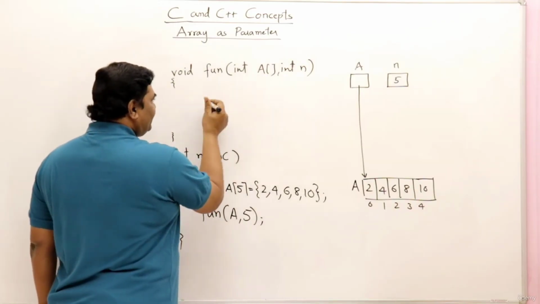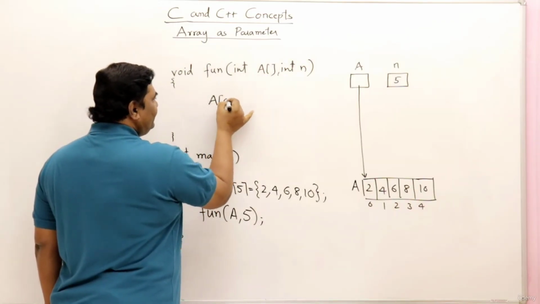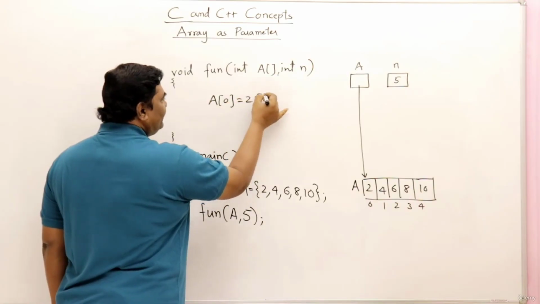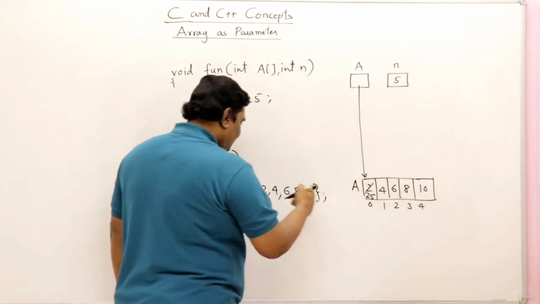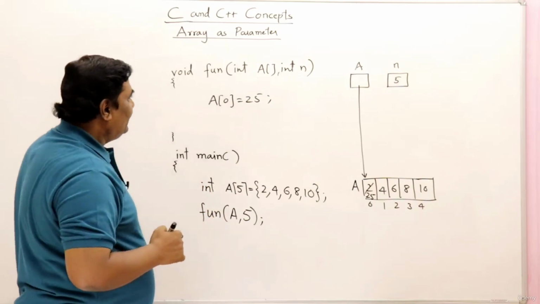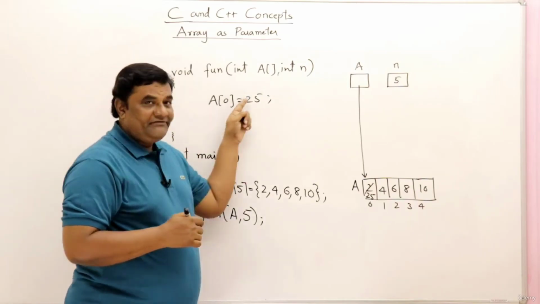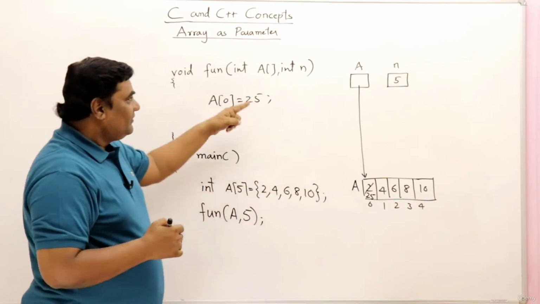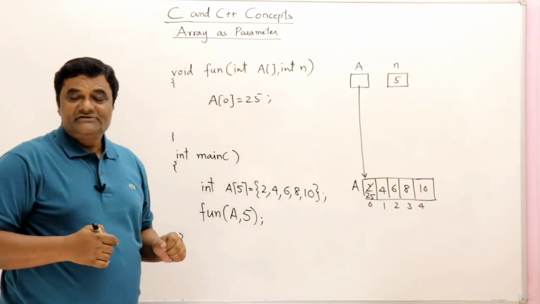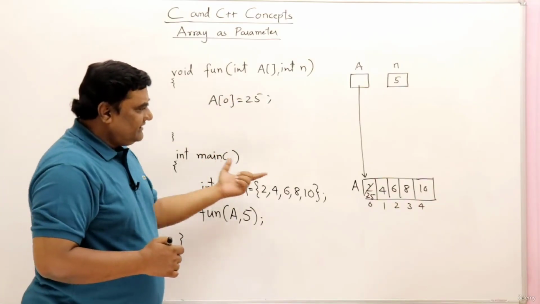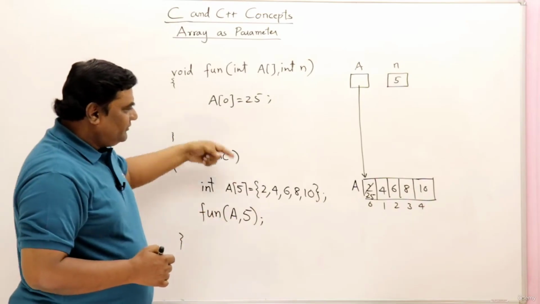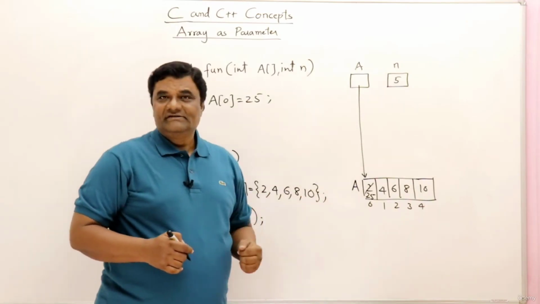Here array as a parameter, if I say A of 0 assign 25, then at this place it will be changed to 25. See, the array belongs to main function only, and this function is able to modify the contents of this array because it is called by address. So you can modify the array also, and you can modify all the elements. Even I can write a for loop and change all the elements.